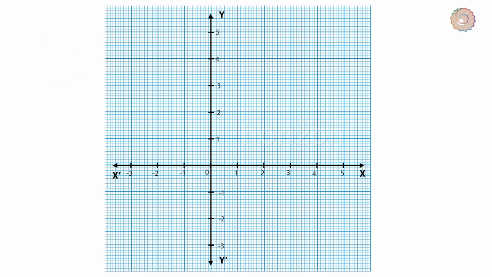Since there is a value 5 in the positive x and y coordinates, make sure that the positive x and y axes have been marked up to 5 units. Now plot 2 points A and B as (5, 0) and (0, 5) on the xy plane. Join AB. This line is the graphical representation of x + y = 5.